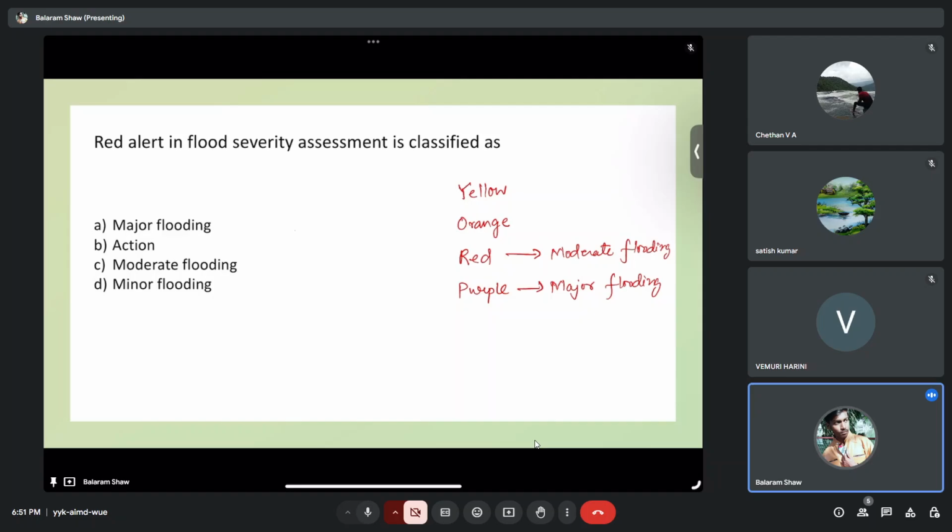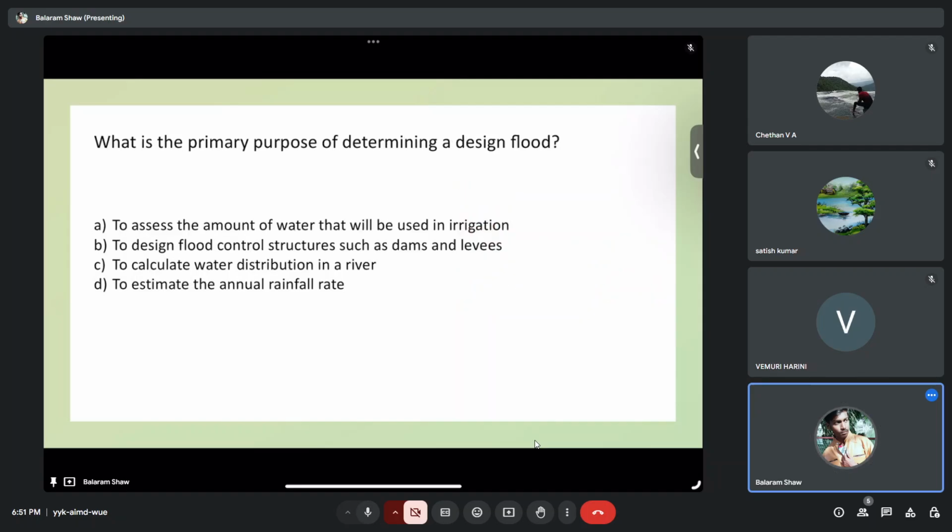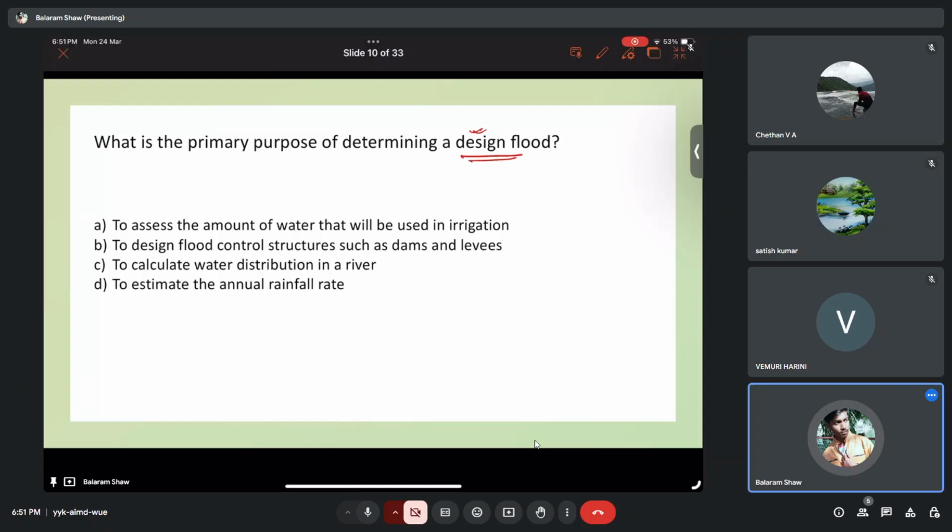The next question is, what is the primary purpose of determining a design flood? First we'll discuss the design flood. The word design, you might have heard if you have gone through structures. When we say designing a structure, we mean we need to understand the dimensions, the design life, how the structures will be.